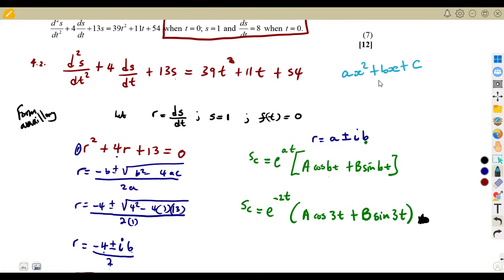This is the format of a quadratic, to say your f of x is given in the form of a quadratic like this. So what is going to be your particular integral? It is taken from that f of x as a quadratic as it is.